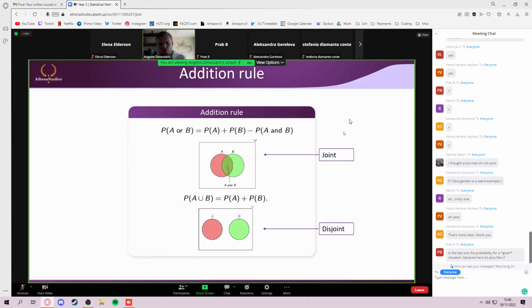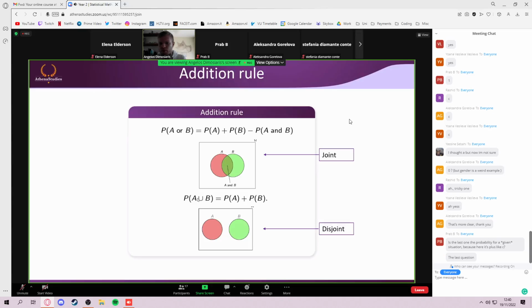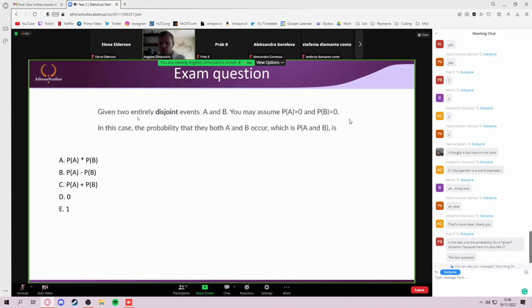I'm not sure what you are referring to now. The symbol in this slide, or is it in the previous slide? The last question, the given.